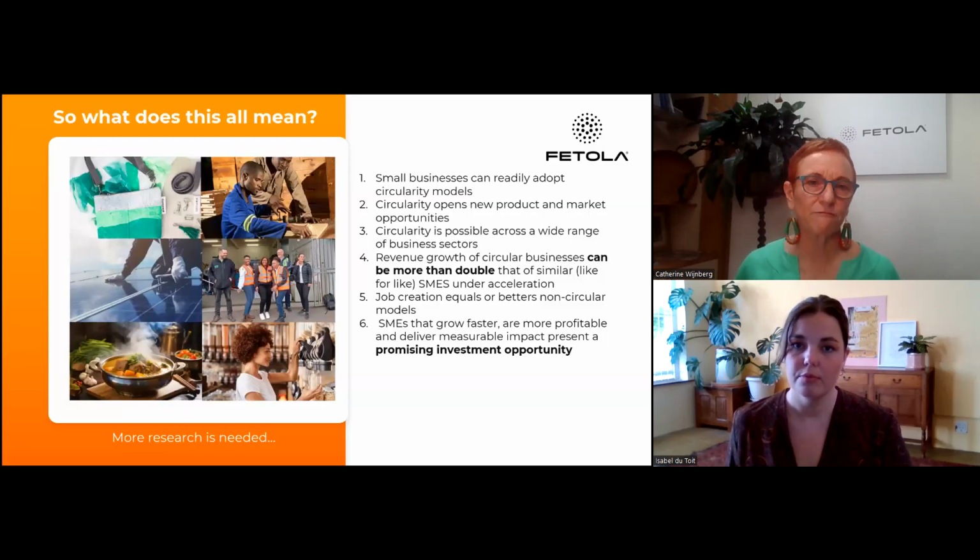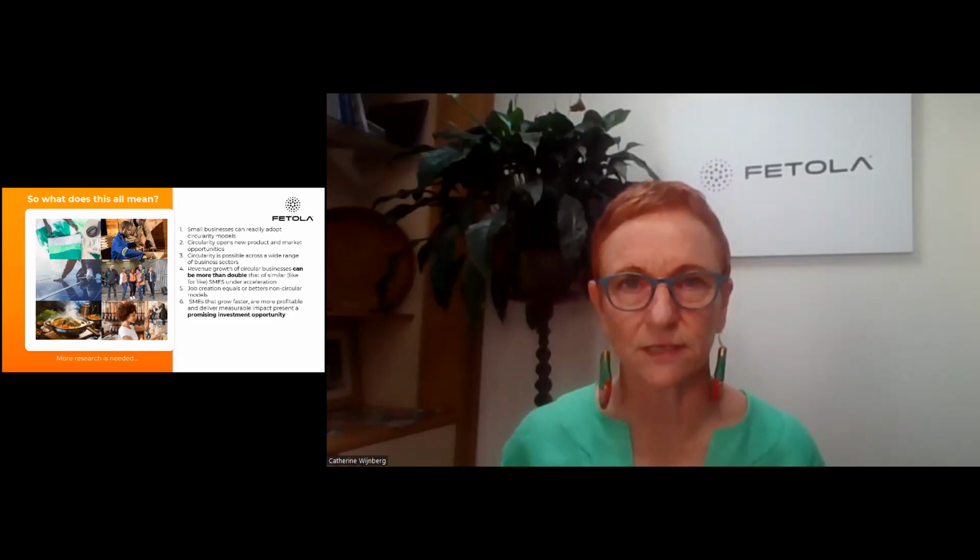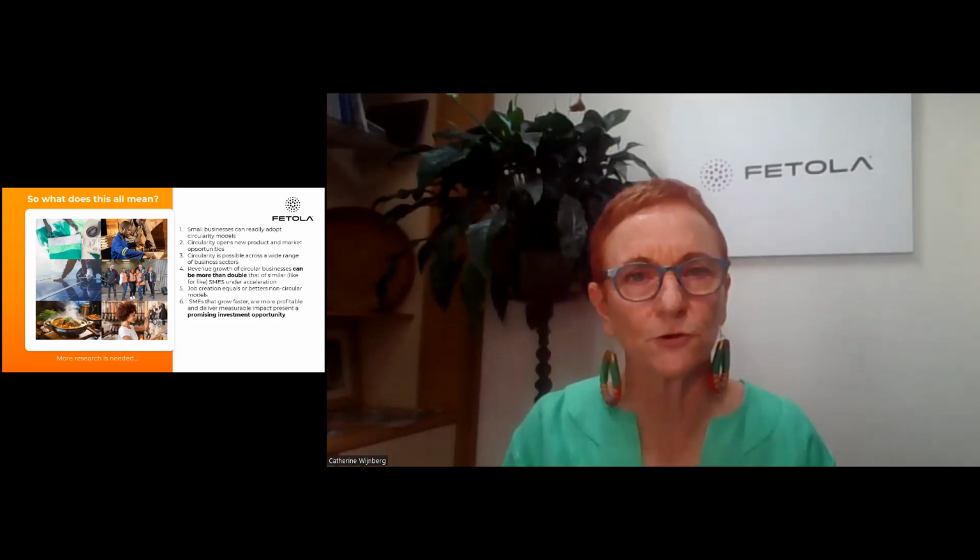And so what we found, first of all, is that small businesses can readily adopt new circularity models. At the beginning of the program, it's not that we selected 46 businesses that were already circular. We didn't select 46 businesses that were already perfect. There were businesses that didn't have any circularity, or maybe had a tiny component of it.